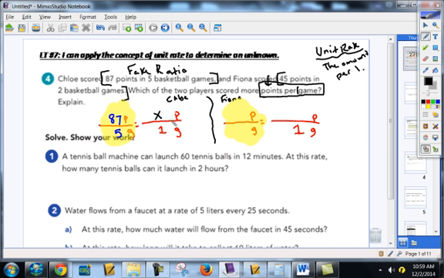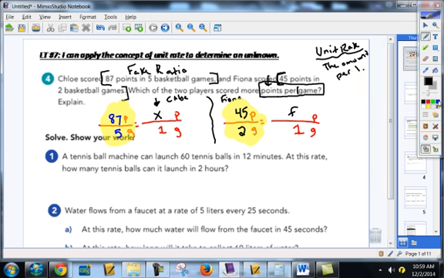That's the way I want you to start doing it, because this is the unknown. We want to know how many points per 1 game. Over here we'll get this from Fiona's fake ratio. She's scoring 45 points in 2 games. Again, we could put an X there, or you could use another variable, like F for Fiona. It doesn't matter what your variable is.